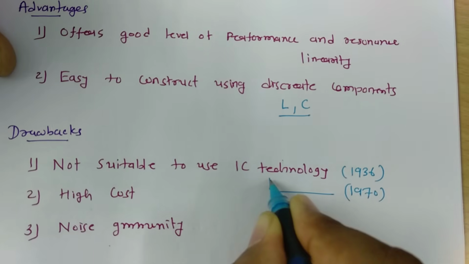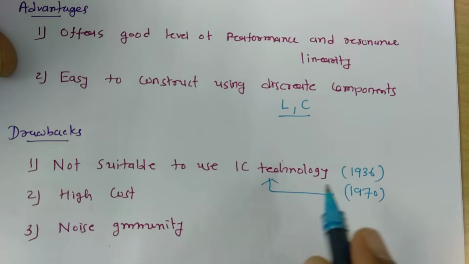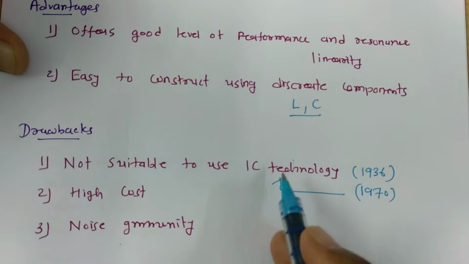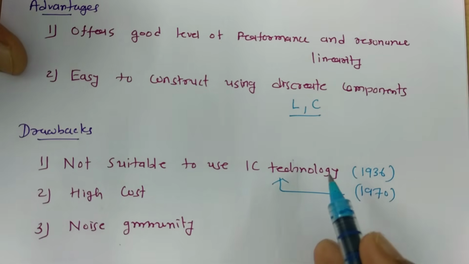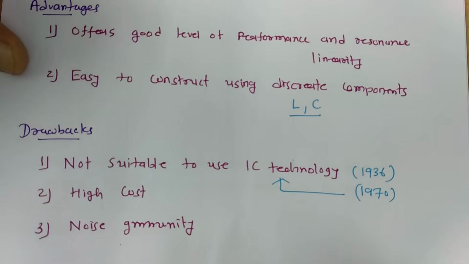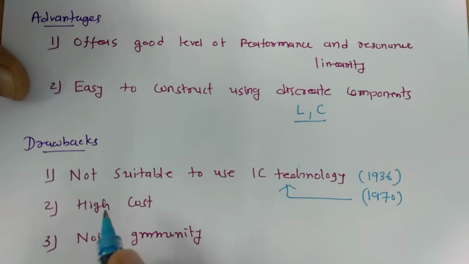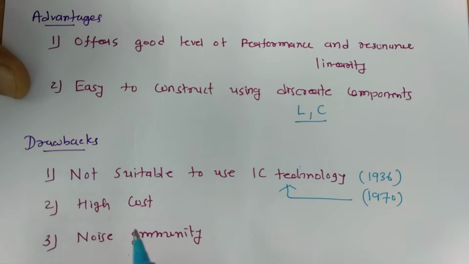So at that time this circuit was not compatible with IC technology, so we were not able to use it with IC technology. Second, here we use a tuned amplifier with LC discrete components, so this circuit is costly. And third, the major disadvantage, is noise granularity.